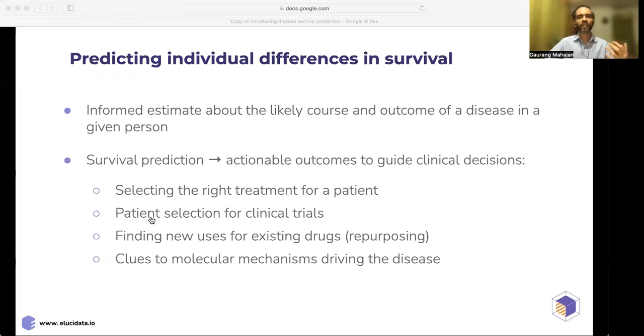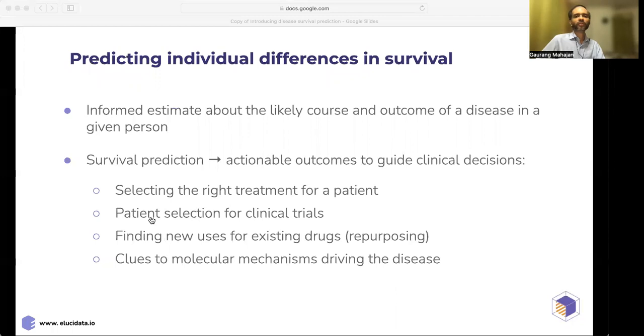And indeed, survival analysis can ideally have translational value for supporting clinical decisions. Outcomes from a survival model can potentially inform the selection of the most effective treatment for a patient, help improve the safety and efficacy of clinical trials, guide the repurposing of existing drugs, and on a more foundational level, even contribute to a better understanding of the disease itself.